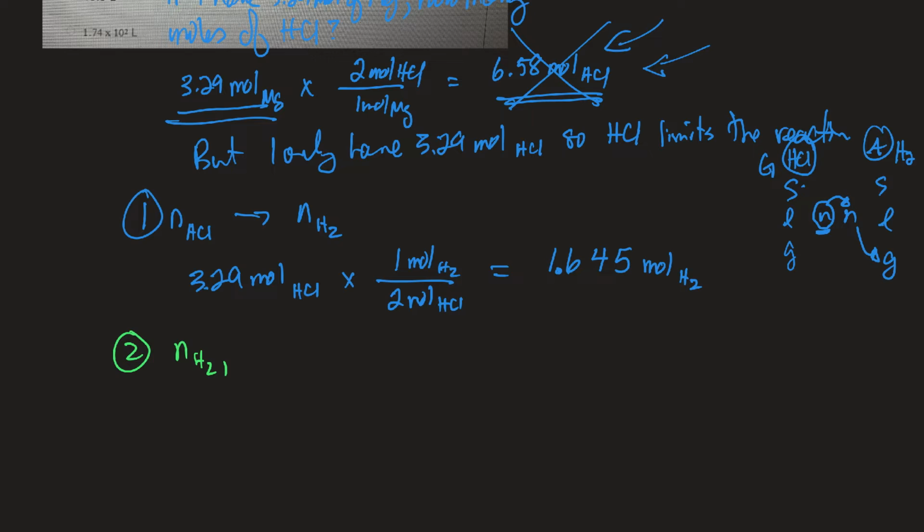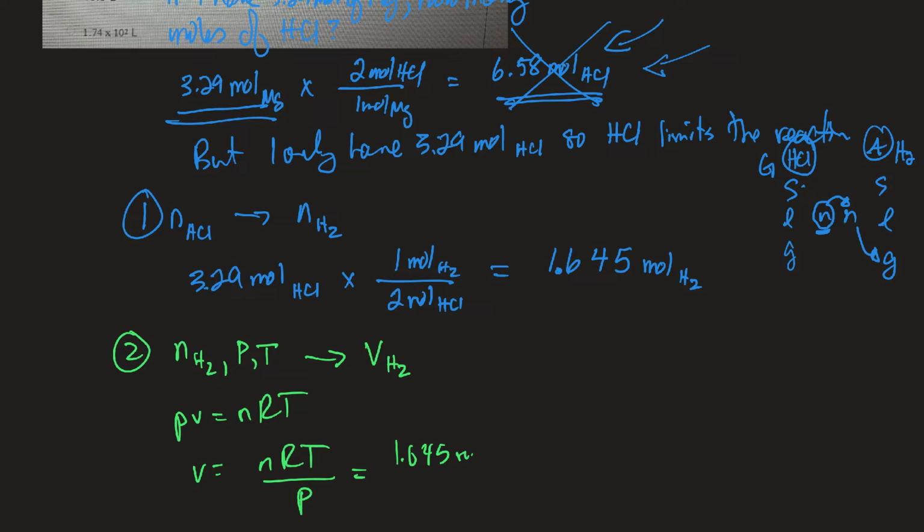So that's step 1, and then step 2 will be to take the moles of hydrogen and also take the pressure and the temperature that are given and convert that into volume of hydrogen gas. And we'll use our PV equals nRT to do that. Looking for volume, so volume is equal to nRT over P. Moles, 1.645 moles. R is 8.314 kilopascal liters per Kelvin mole.